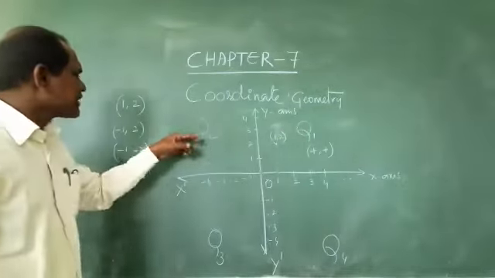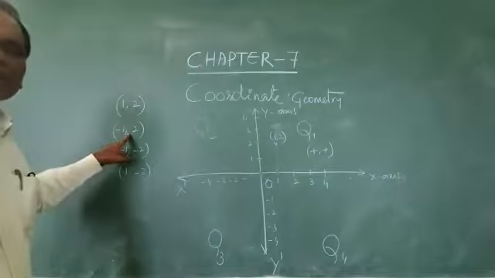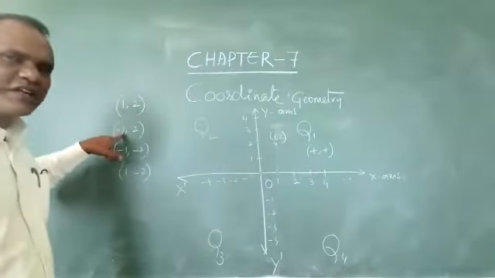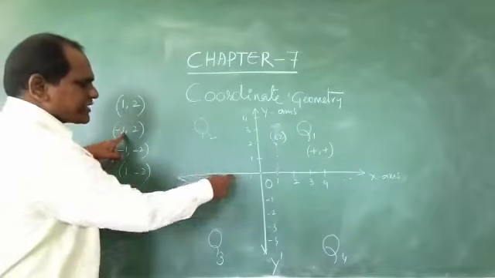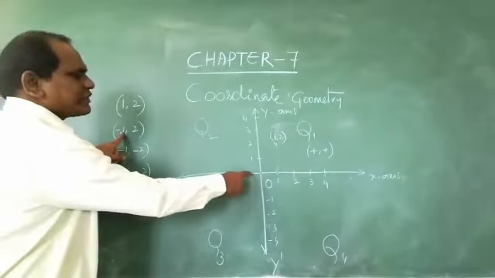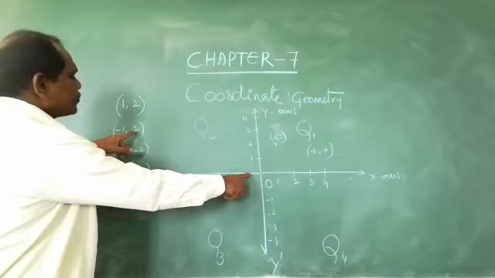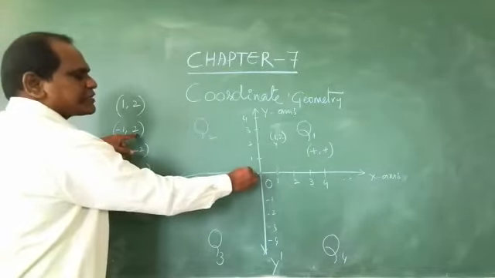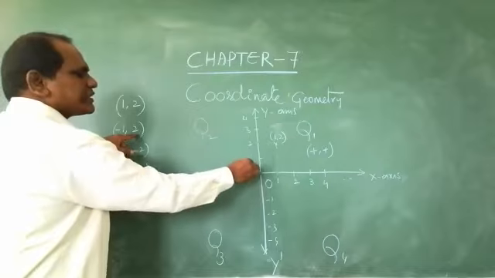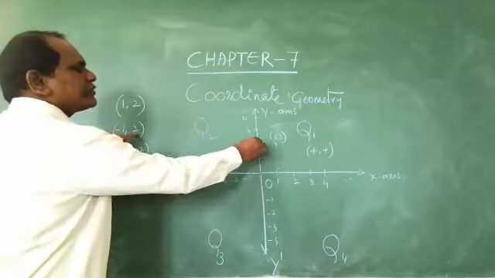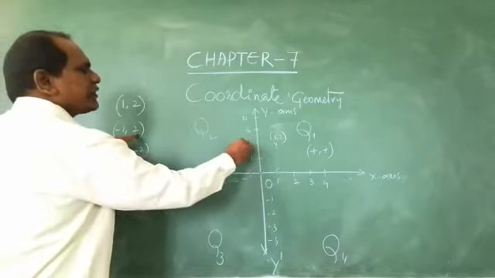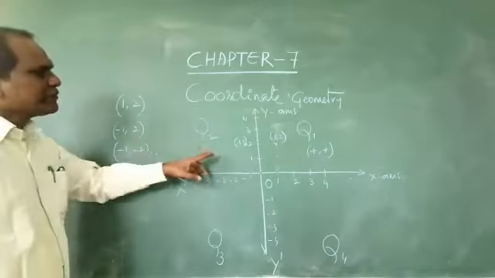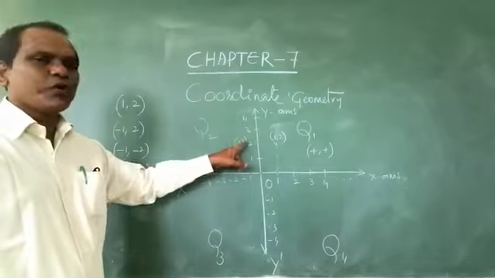When we come to the second quadrant, suppose the example is minus 1 comma 2. Minus 1 is the x coordinate, on the negative x side, and 2 is the y coordinate, which is positive. So this is minus 1 comma 2: negative, positive.